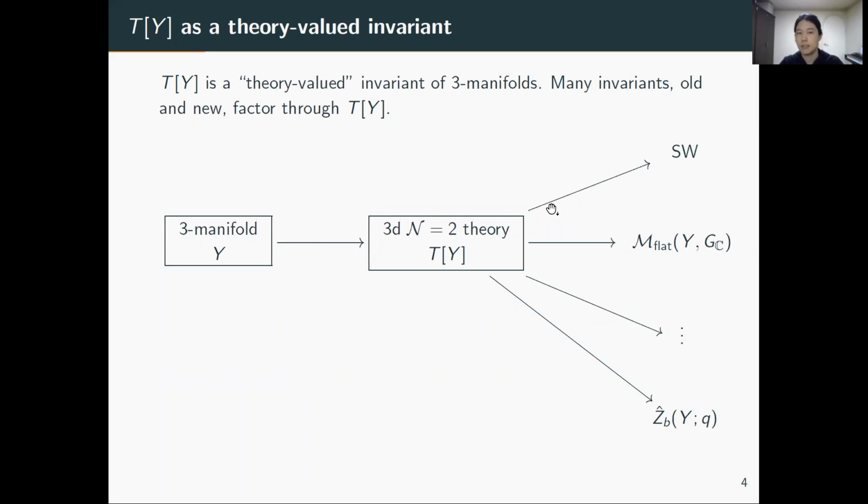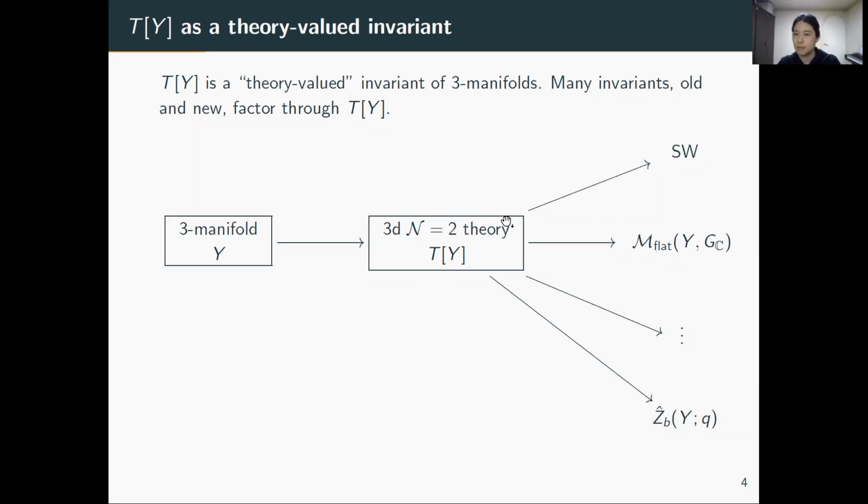So this theory, T of Y, should really be thought of as a theory-valued invariant of three-manifolds. And in fact, many invariants, old and new, factor through this theory T of Y. Diagrammatically, starting from a three-manifold Y, by reducing the 6D theory, we get this 3D N equals 2 theory.